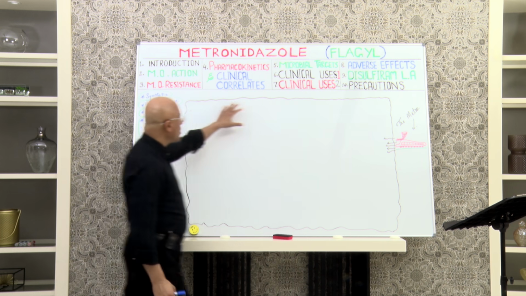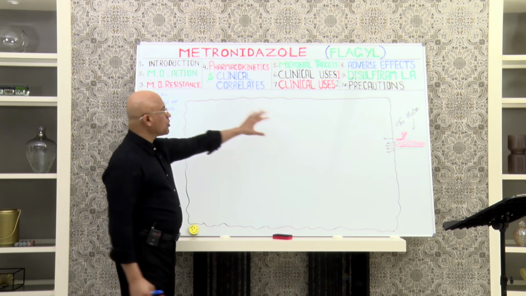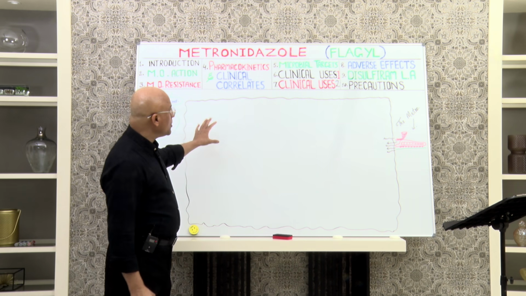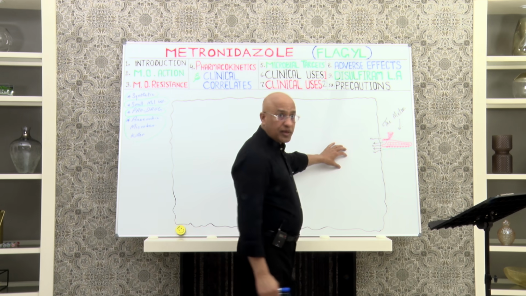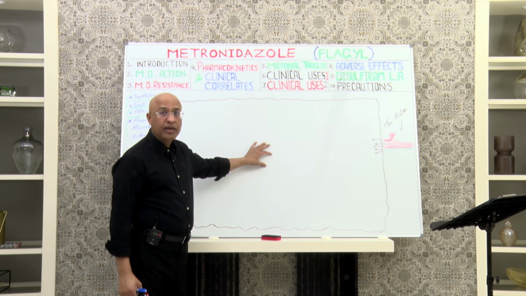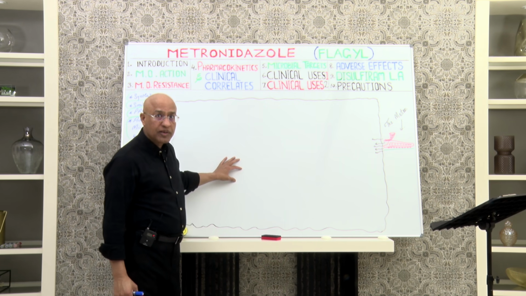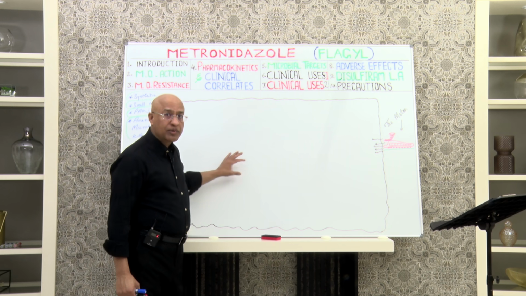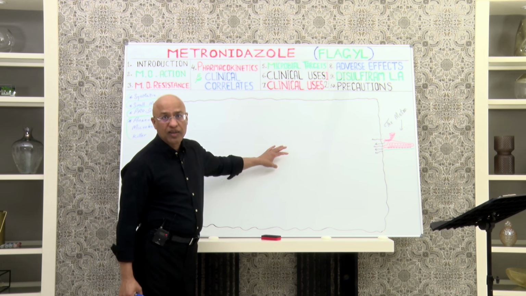Right, here I have drawn one anaerobic microbe, right? So we have to see how metronidazole enters into it, how it is activated into highly reactive and dangerous intermediate compounds, and how those dangerous free radicals react with the DNA and protein of the cell and damage it and kill this cell, right?